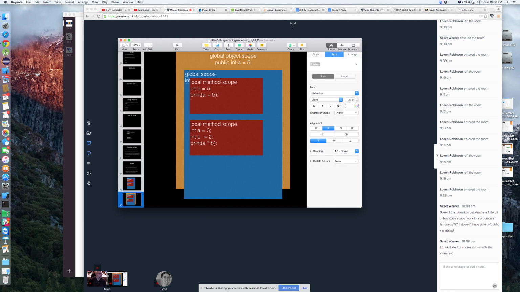That concept never existed in procedural languages like C. It's not that we wondered how things worked without public, private, protected. It's the other way around: we didn't need them because you never had access external to that class. That wasn't a thing until objects came about.